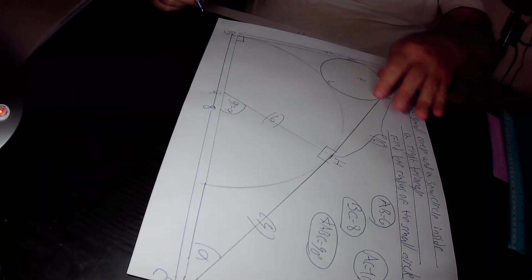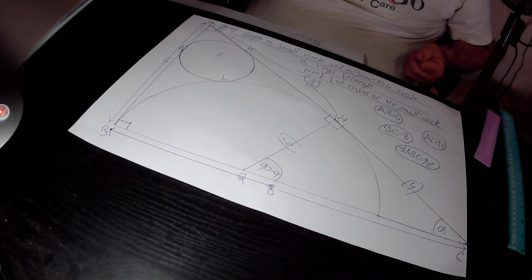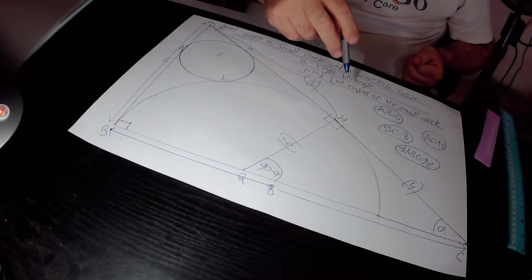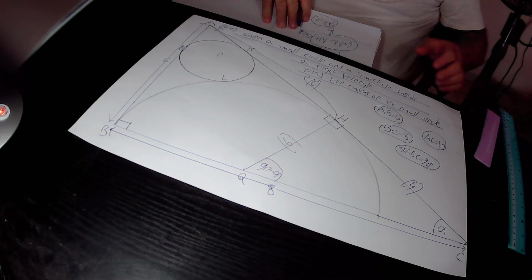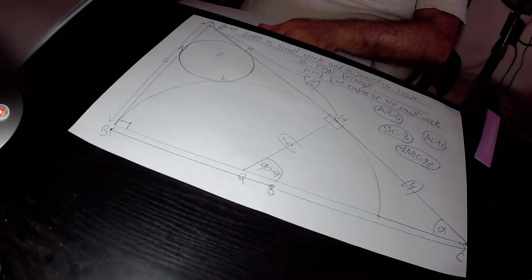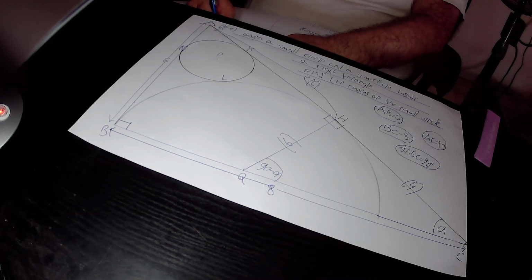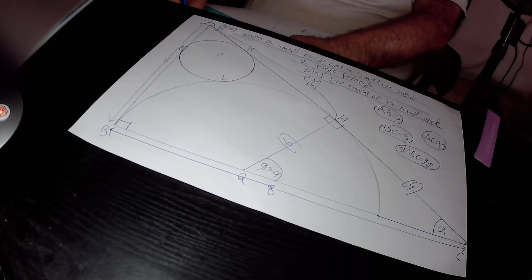Okay. In the next step, we will prove that the big right triangle ABC is similar to the small right triangle QHC. So I write it down. We will prove that the big right triangle ABC is similar to this small right triangle QHC.